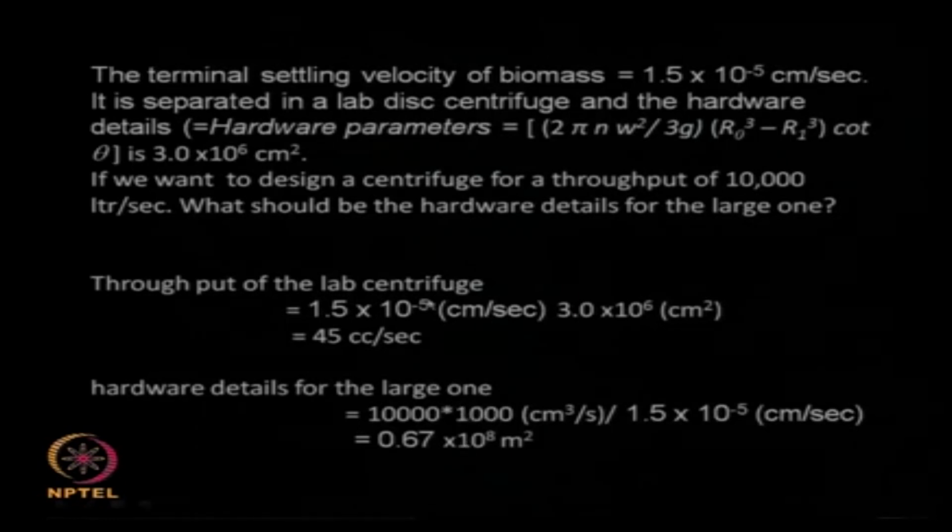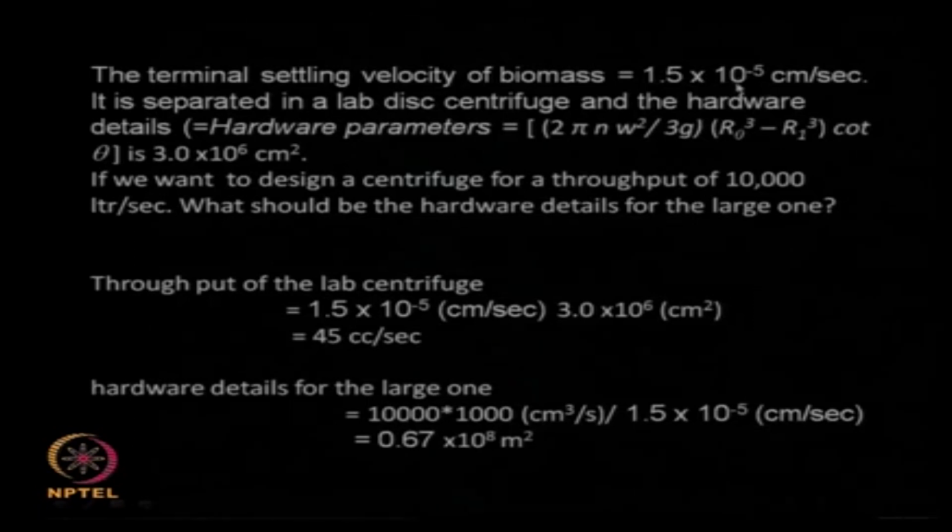Now the hardware details for the lab centrifuge is given, and the throughput of the large scale is also given, okay, that is 10,000 liter per second, which can be converted into so many cc per second.